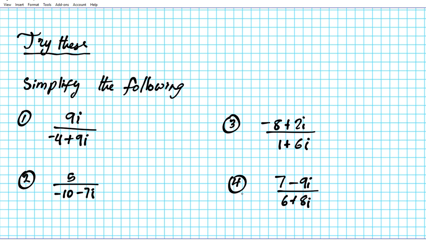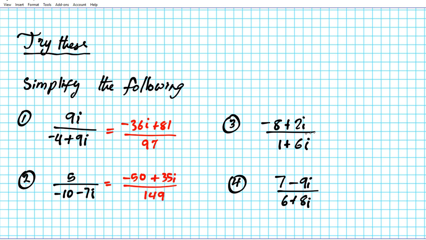Alright, let's hope that you had a chance to try out these problems. Let's take a look at what the answers are. For number 1, it's negative 36i plus 81 over 97. For number 2, you can write this as negative 50 plus 35i over 149.